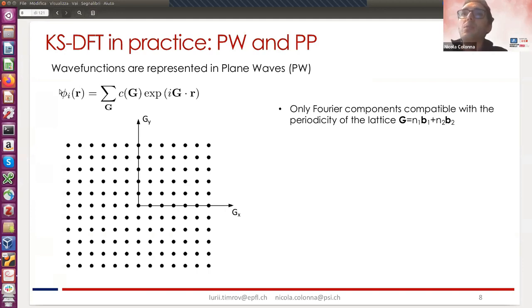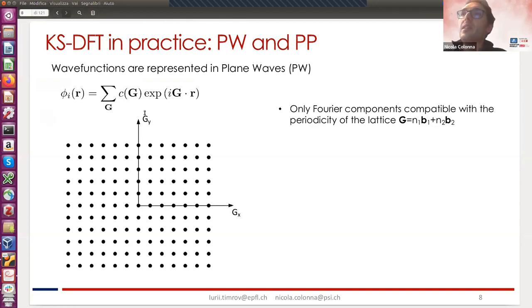Essentially, the idea is that we can expand all the quantities of interest, in particular the Kohn-Sham orbitals, as a linear combination of plane waves. So here you have your plane wave, and you have some coefficients. Now, you have to remember that in any periodic boundary condition, what you simulate is really an infinite replica of your system. So no matter what, your system is going to be periodic.